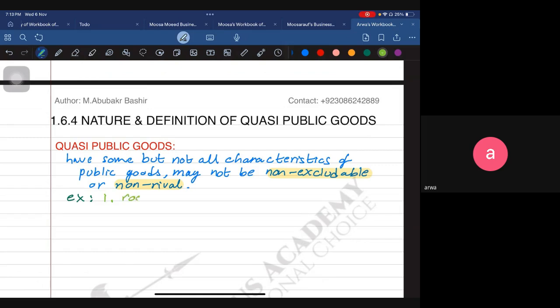So there, the road network may make a good excludable.